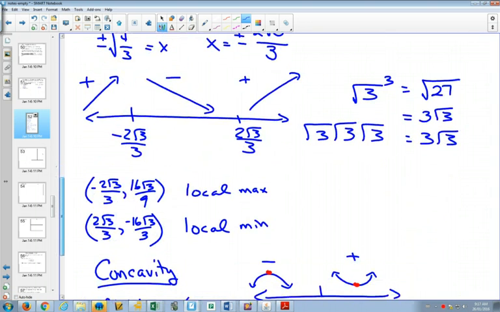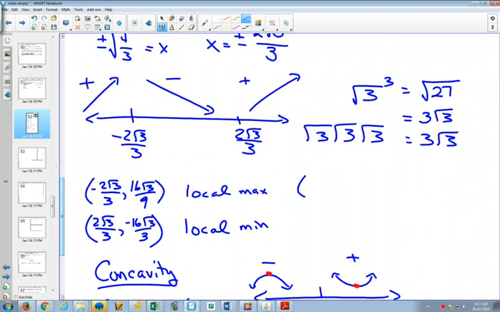I'm just going to go down to these points and write them in so we have an idea of where they're at. And 3.08.